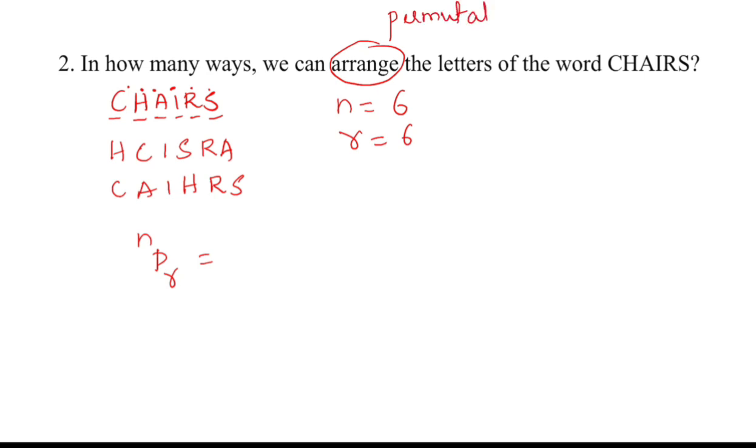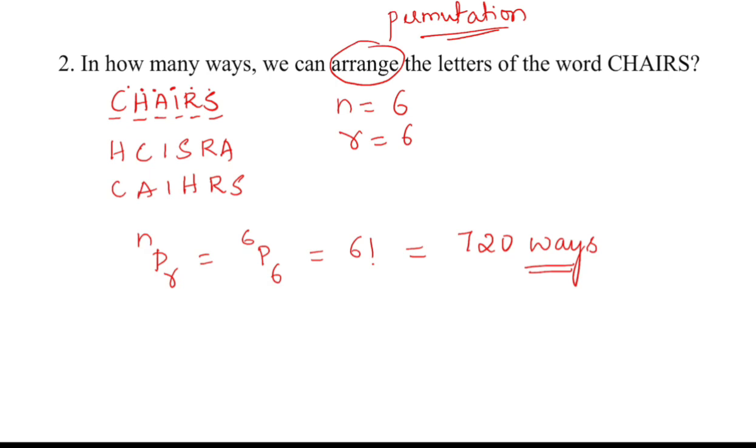Remember this: when the word arrange comes, the problem is always regarding permutation. So nPr, that is 6P6, which is equal to 6 factorial, and 6 factorial value is equal to 720. Therefore, the word chairs can be arranged in 720 ways.